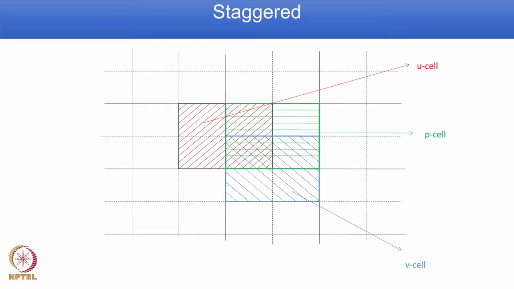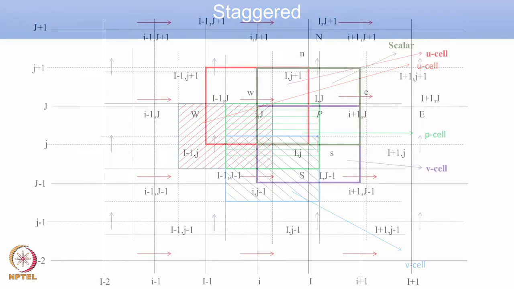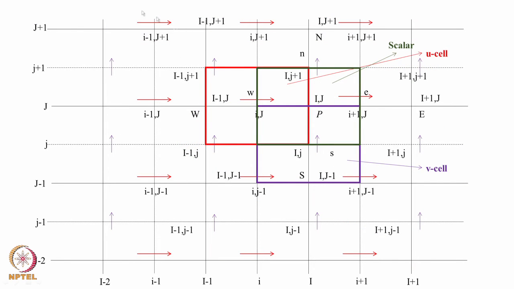The SIMPLE algorithm that we are going to talk about in this class is specifically explained for the staggered arrangement. Now, this figure is repeated in the next slide, with the nodal information also included.